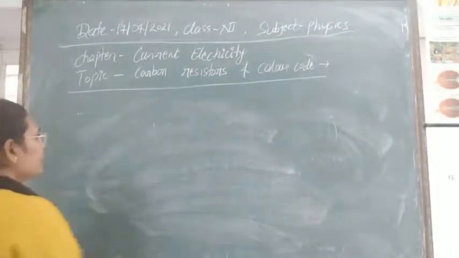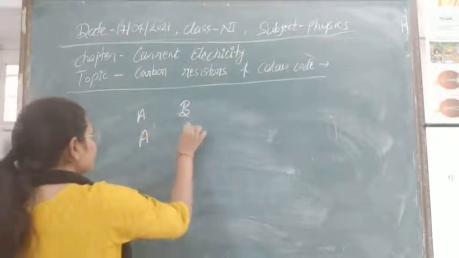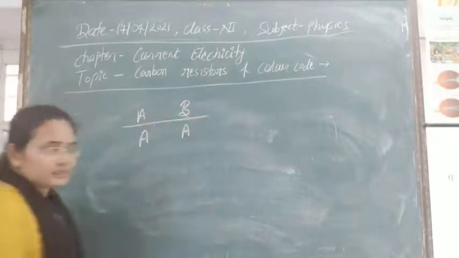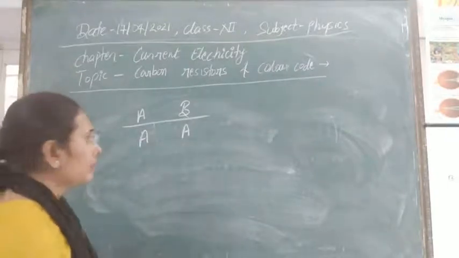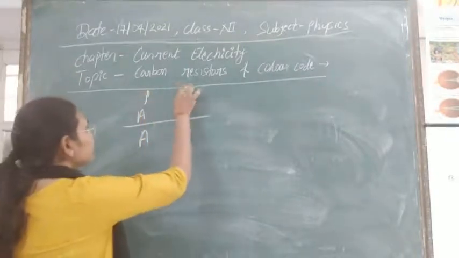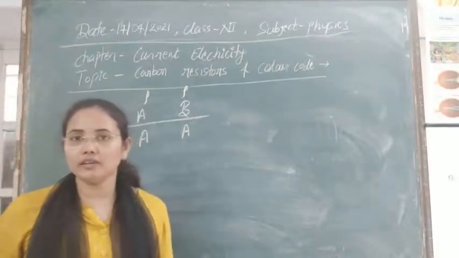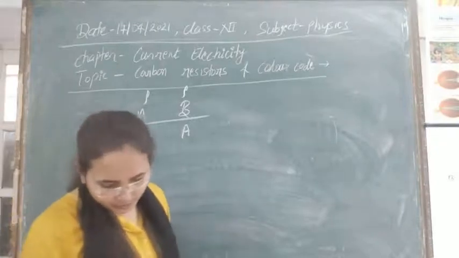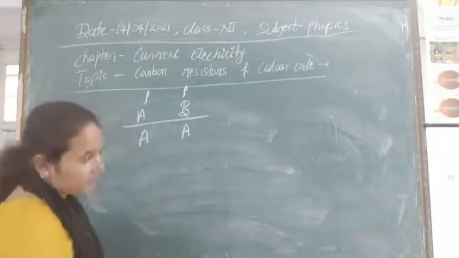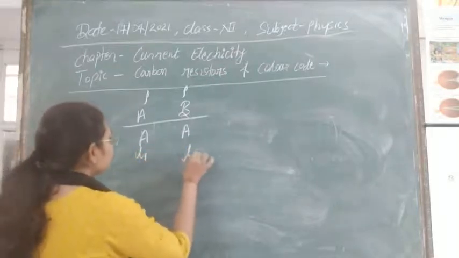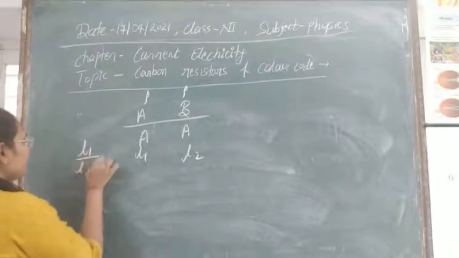We have two wires A and B. Their area is the same, say A. They are of the same metal, so their resistivity is the same. Their lengths are in the ratio 2:1, so if the length of A is L1 and the length of B is L2, then L1 upon L2 is 2:1.